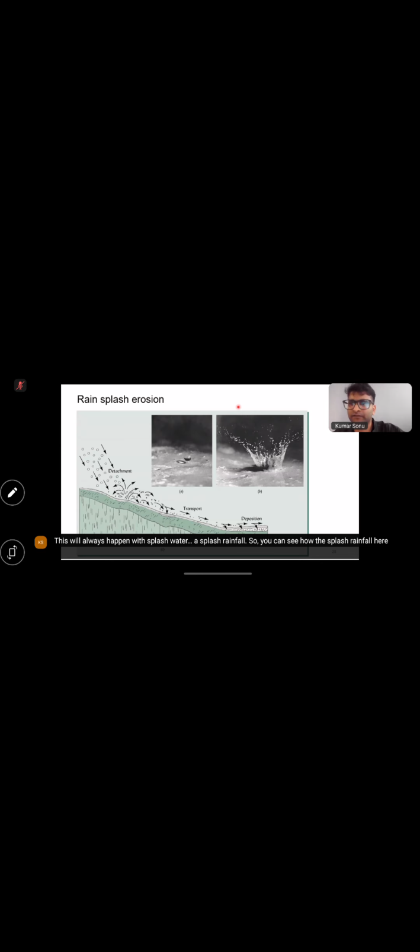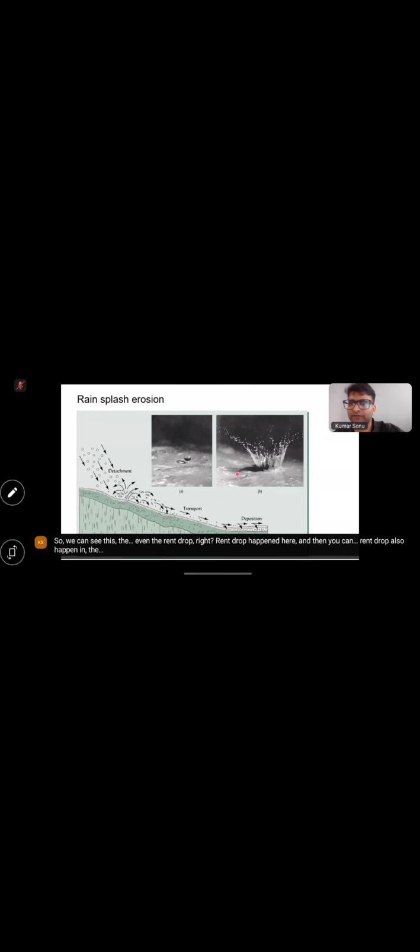Detachment means you are moving sediment, sand or any sediment particles from the main origin source, the land surface. This is detachment. It always happens with splash water, splash rainfall. You can see the raindrop here, and raindrops also fall into some amount of water.